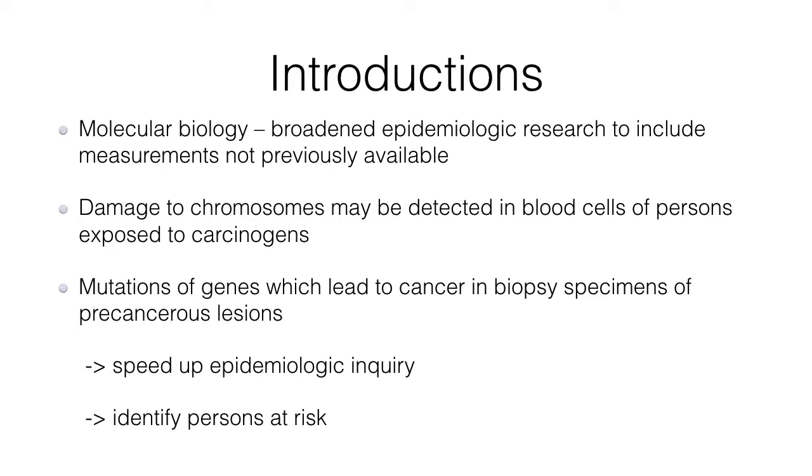We can also know information about mutation of genes which lead to cancer by doing biopsy of precancerous lesion. So why all these are important? Because it can speed up epidemiological inquiry and identify the person at risk.